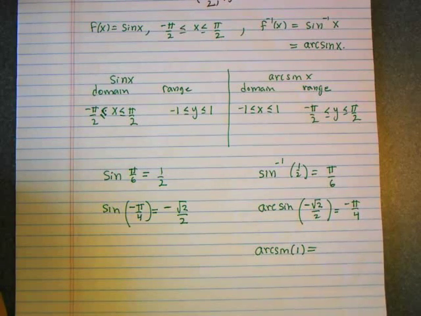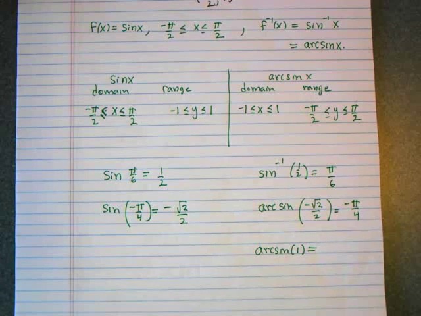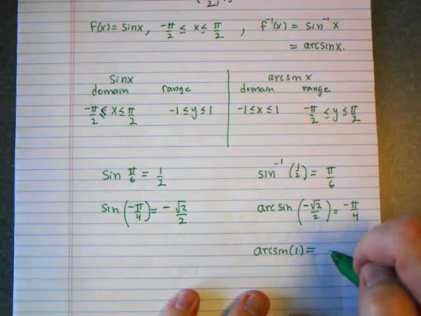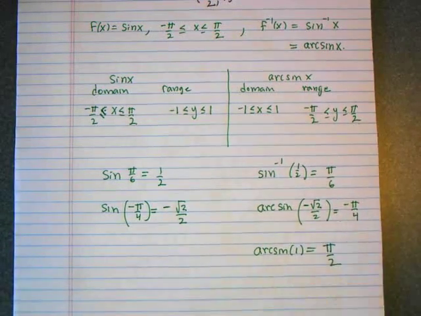How many people vote for pi over 2? Arc sine of 1. Yeah, you look at that chart that you've memorized. Sine of which of those numbers up on the top? You get your chart backward. Your chart starts at 0: 0, pi over 6, pi over 4, pi over 3, pi over 2. The answer is pi over 2. Sine of pi over 2 gives me 1.